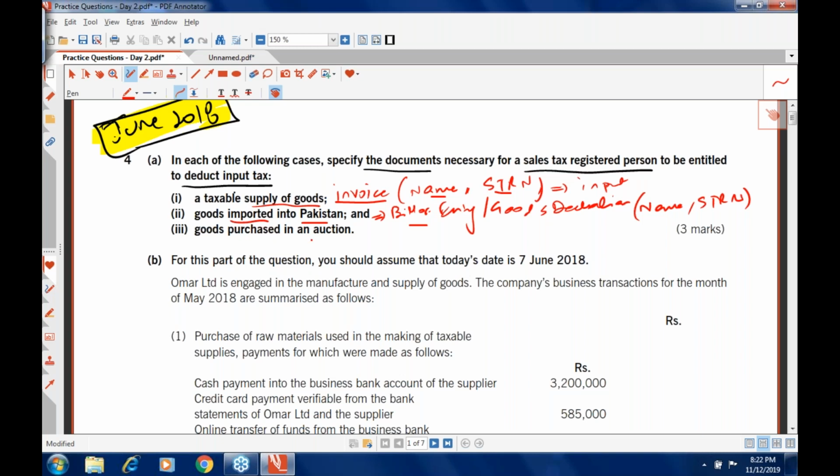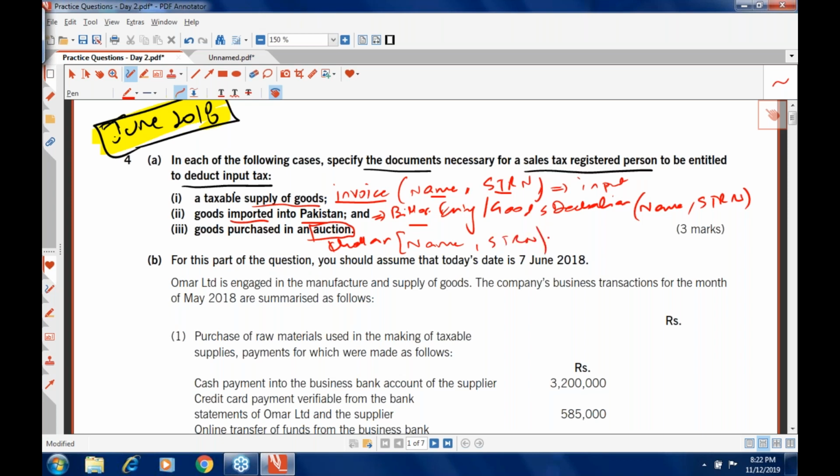The third thing is goods purchased in an auction. When you purchase goods in an auction, you need to submit a challan to the government with respect to whatever sales tax is there. So a challan should be there showing your name and sales tax registration number.